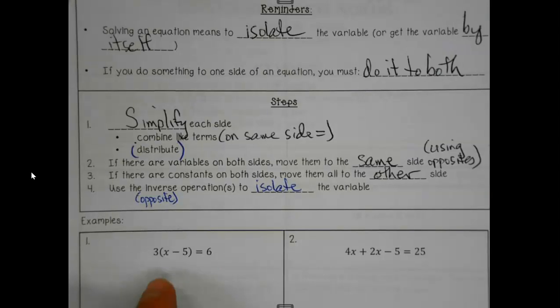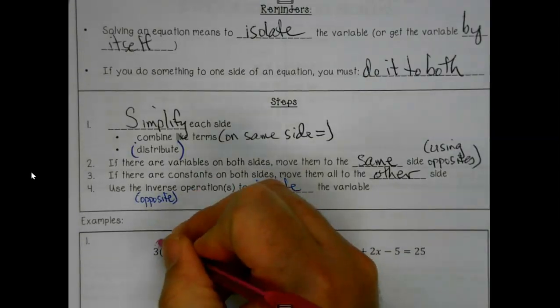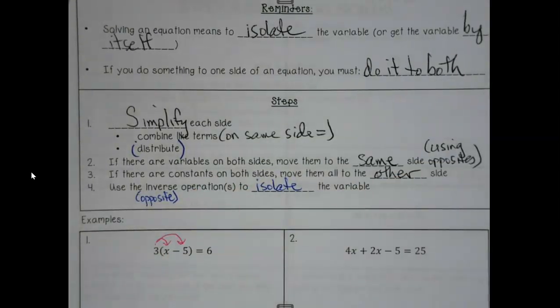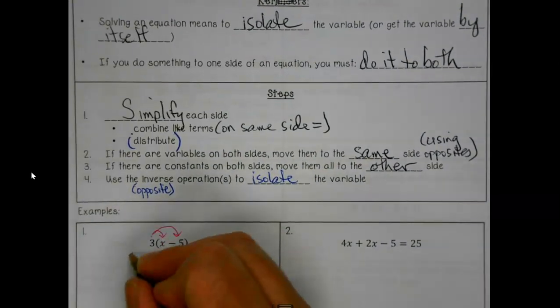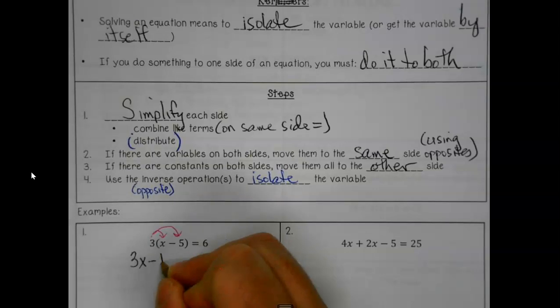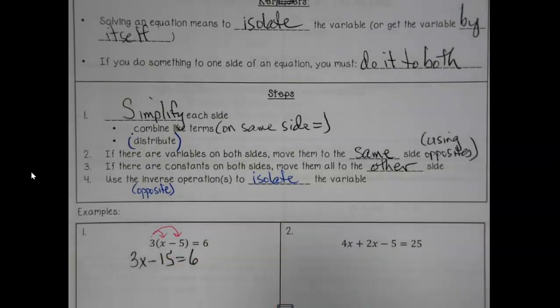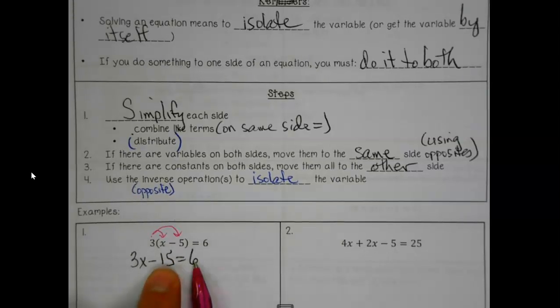So I see parentheses. That's always job one, no matter when I see them. So we're going to distribute. We're going to multiply our 3 through there first. And get that set. That takes care of step one because my terms here, okay, those, I do have multiple constants.